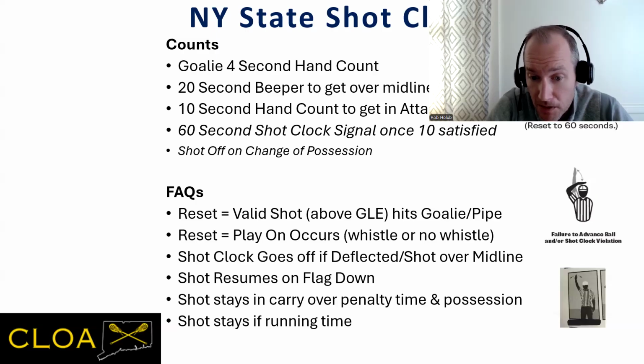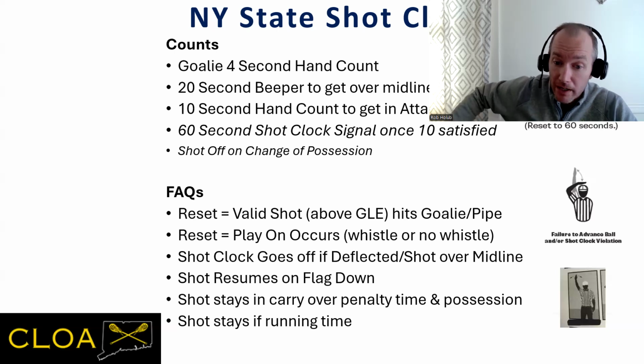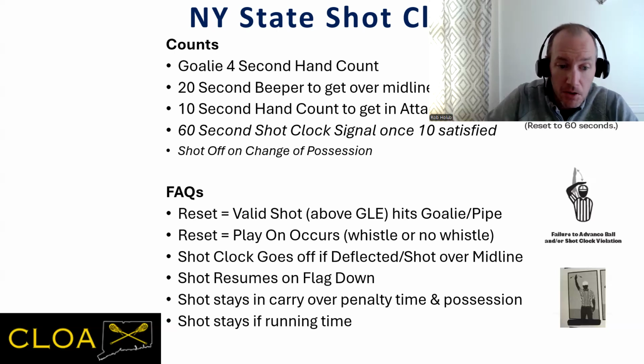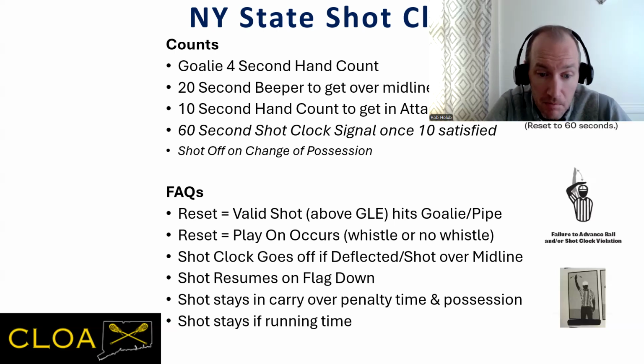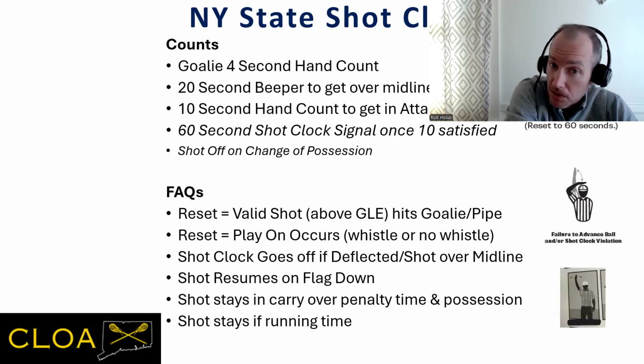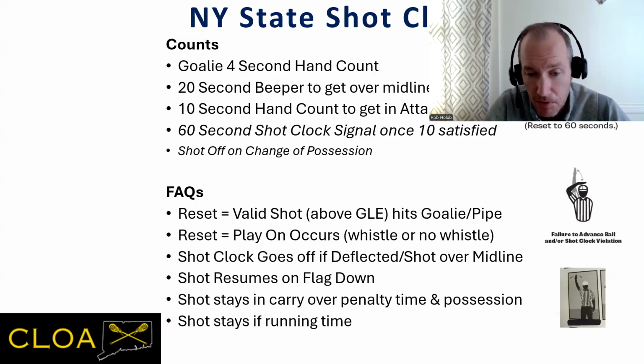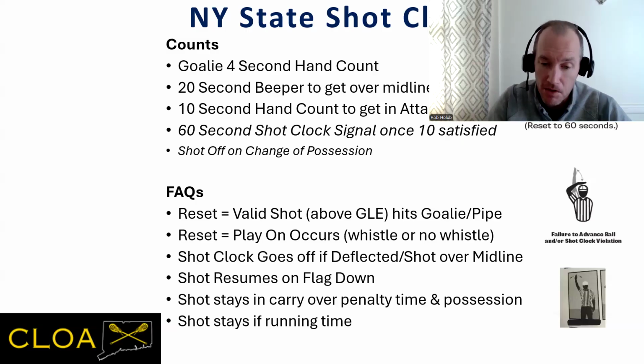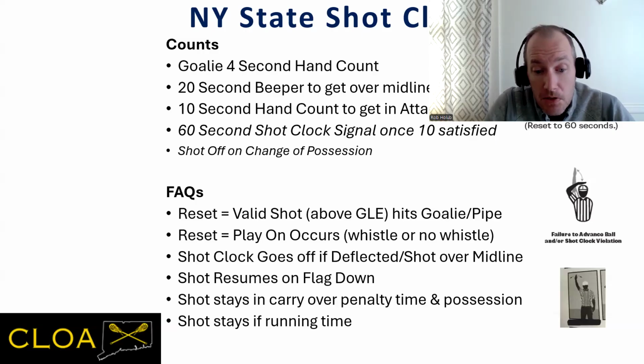If it's the offensive team who's in their defensive half, then we restart a 20 count and then a 10, and we're good. If the old defensive team, to be as confusing as possible, now becomes the offensive team and picks it up in their offensive half once the ball's over, we then just start a 10 count and then might start a shot clock depending on where they are.